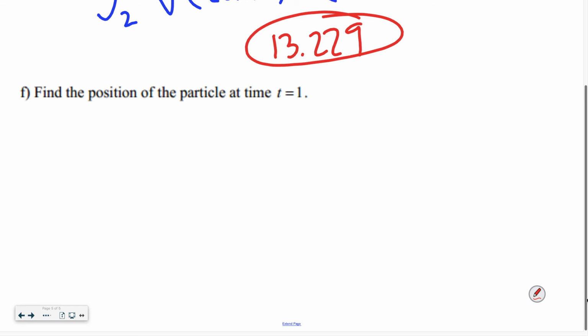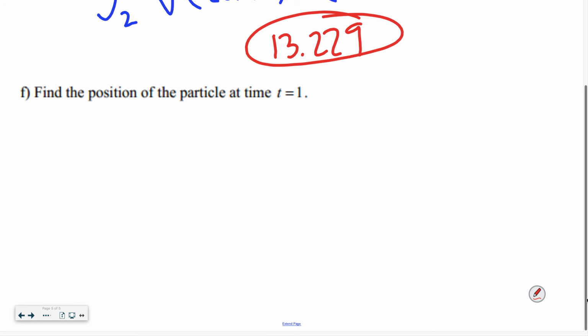Well, if we cannot integrate by hand, then our only option is the second way, using the fundamental theorem of calculus. Okay? So write down whatever you need to right here. Write position at time t equals 1.